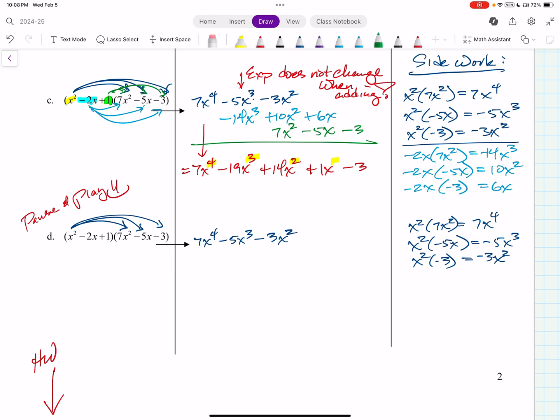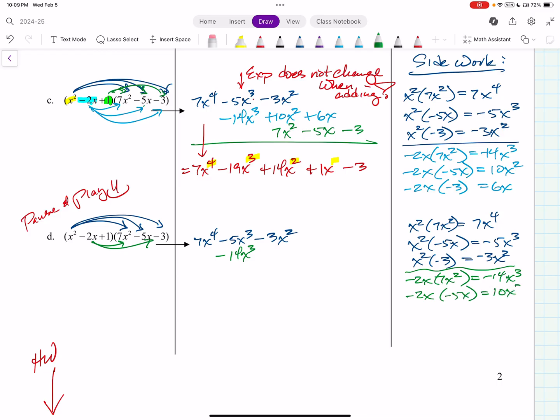Now we got to distribute the second term 3 times. So here we go. So negative 2x times 7x squared. Well, I get negative 14x cubed. And you got to line up the cubes. So negative 14x cubed here. And then distribute again. So negative 2x times the second term, which is negative 5x.